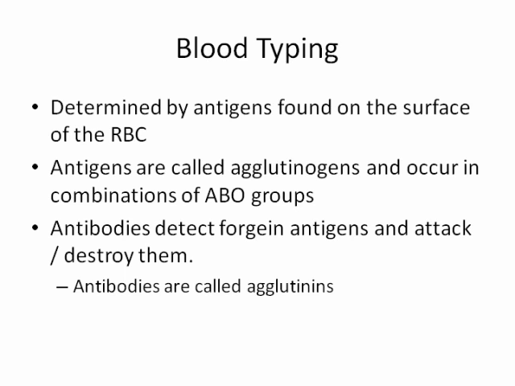And so if you are a B blood type, you would have B antigens. If the antibodies detected A antigens, they would go ahead and attack those blood cells and basically destroy them. The antibodies that we are specifically referring to here are the agglutinins.